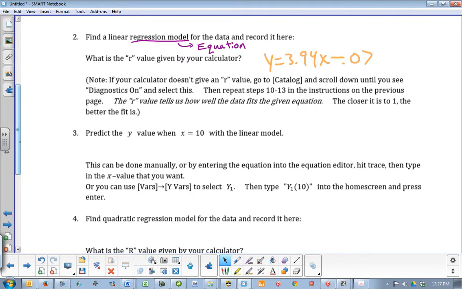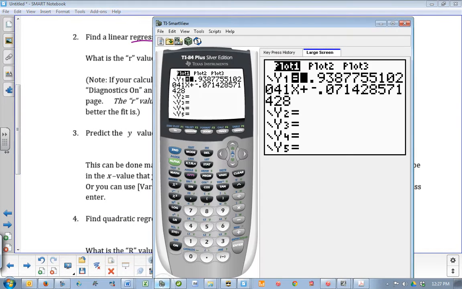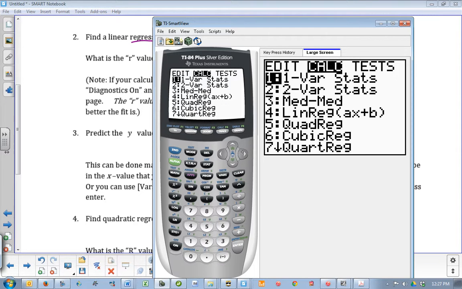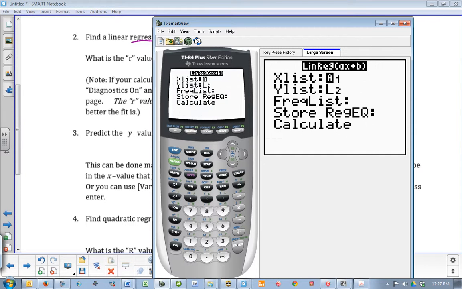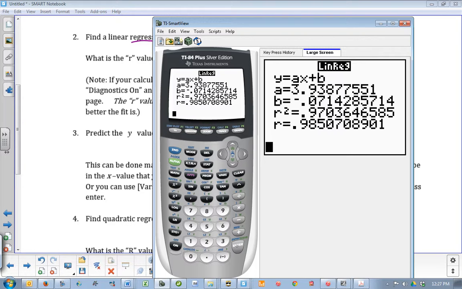Okay? And one thing we need to point out again is the R value, the correlation. So let me go back real quickly to Stat, Calculate, and let's get our regression again. And this R value here, okay? This R value tells us how accurate the graph is.